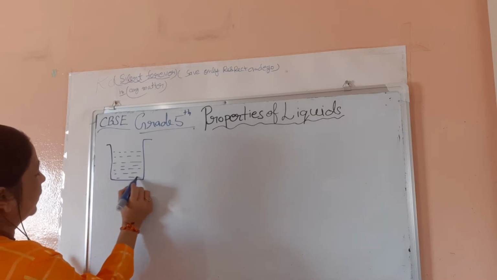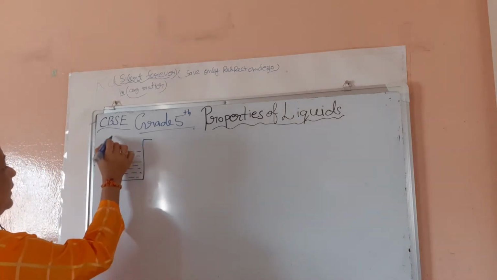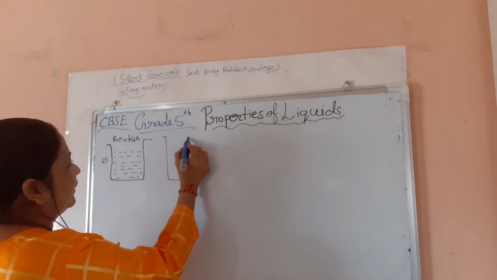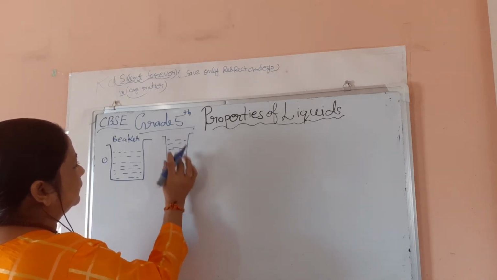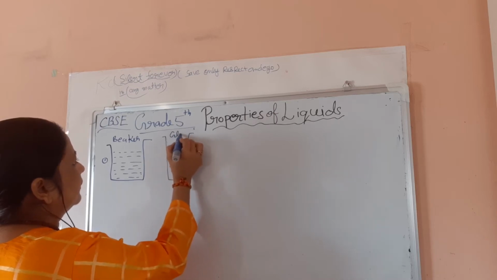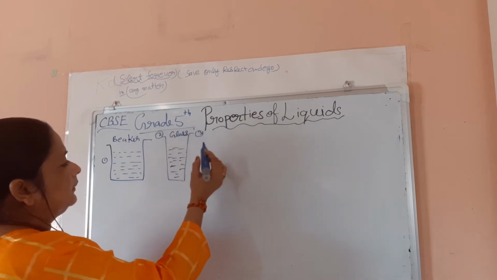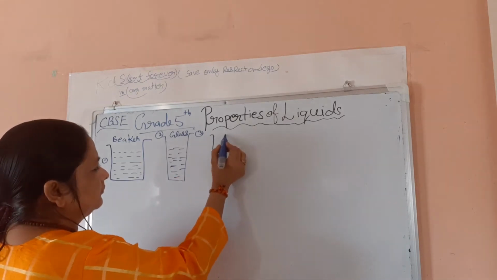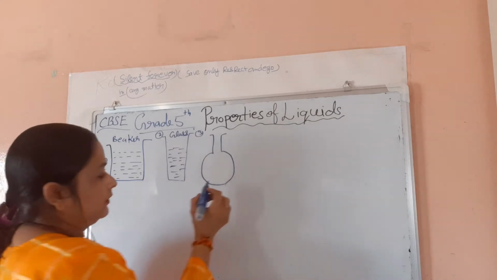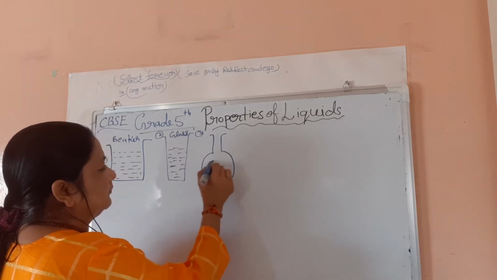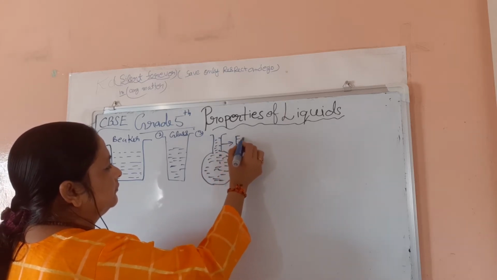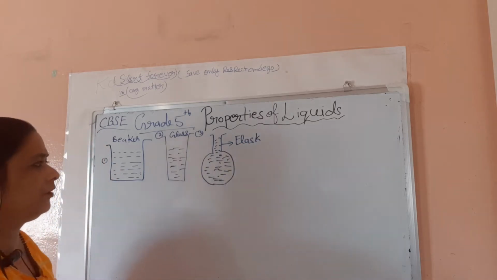First diagram is the beaker filled with water, and second, this one is a glass filled with water, and third is a flask, filled with water.